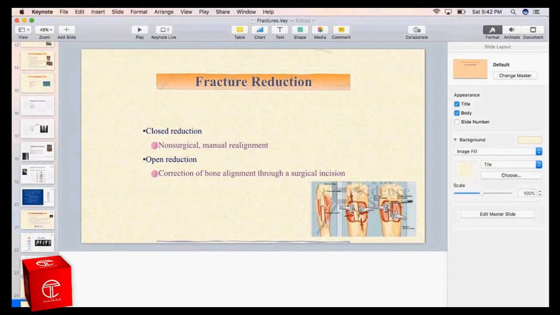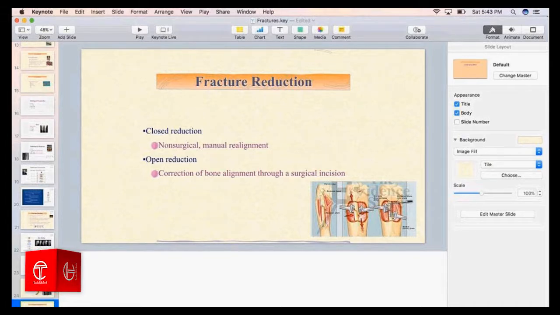The indications are, as we discussed now, difficulty in reduction, difficulty in maintaining the reduction, all displaced intra-articular fractures, all comminuted fractures, all pathological fractures. If there is any vascular injury, which is a dreaded complication, you have to open the region, explore the vessel and repair, and meanwhile fix the bone.